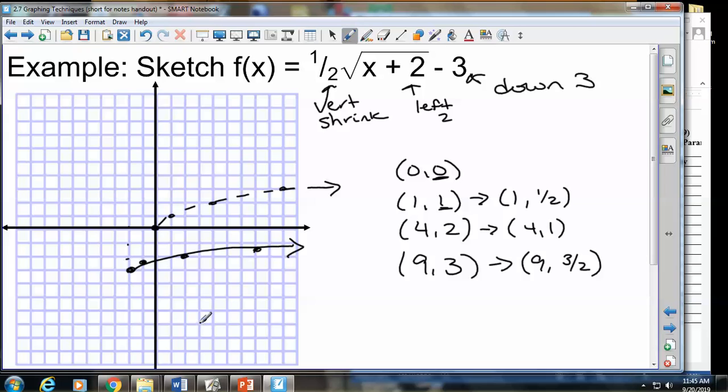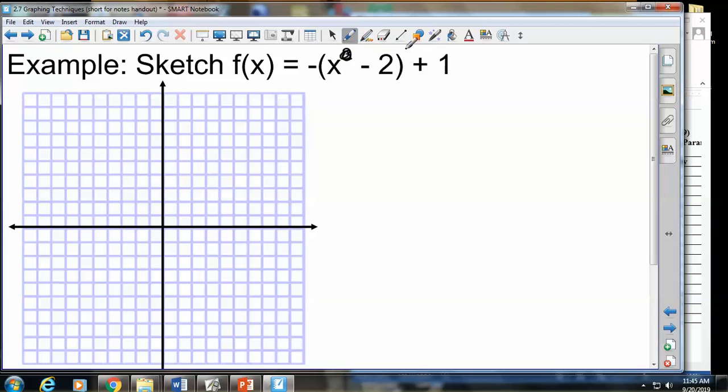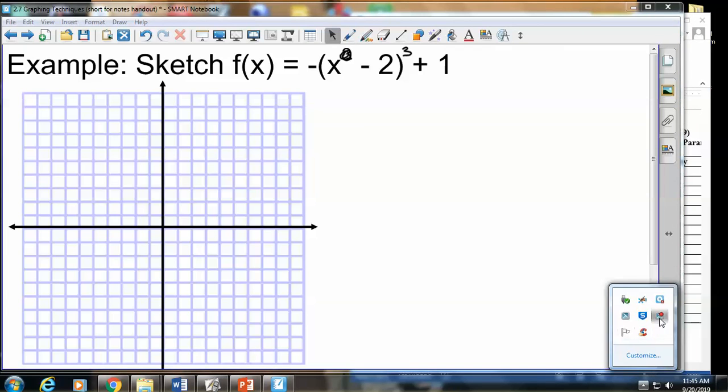Where are we at? I'm going to do this one, except there's a typo. That cube should be on the outside there. Try that.